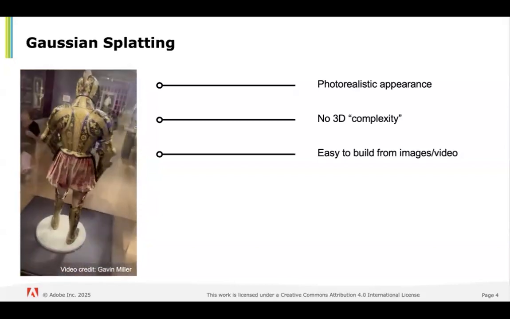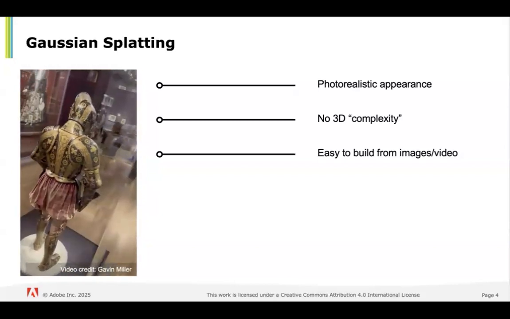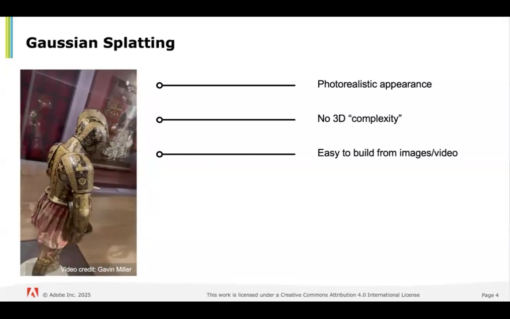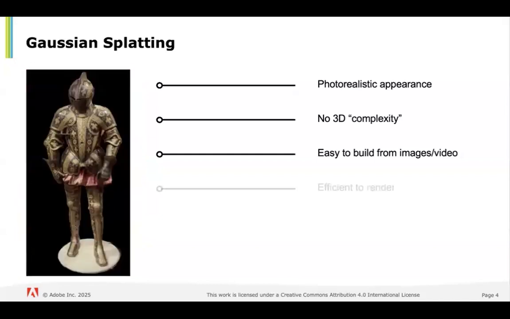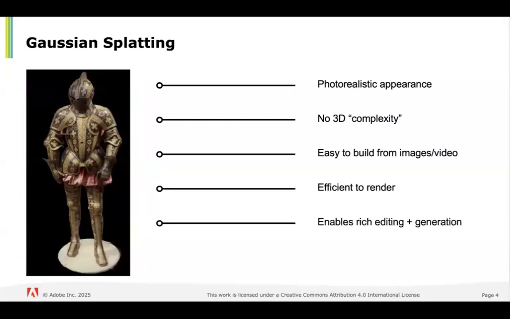So it's also efficient to render, like 200 frames per second in real time, enabling rich editing and generation. Besides, this format is also fully differentiable, making it naturally integrated with large generative AI models. I'll show examples about why this is crucial for us.